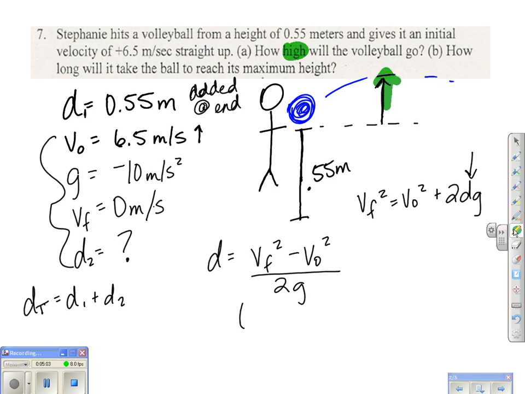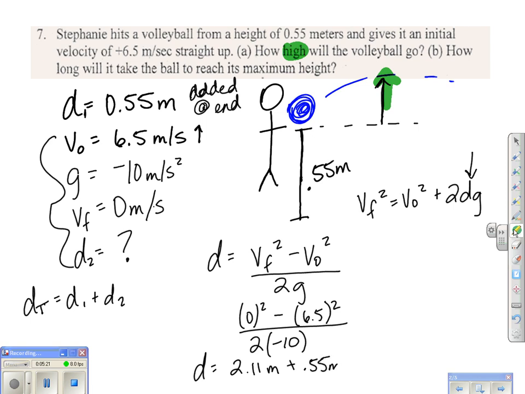So I'm going to plug in what I know: 0 squared minus my 6.5 squared divided by 2 times my negative 10. When I do that, I get a distance of 2.11 meters. But I have to add the 0.55 meters in, and so it gets a total height of 2.66 meters.